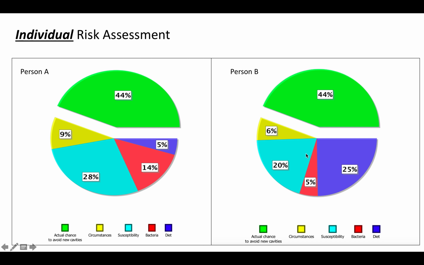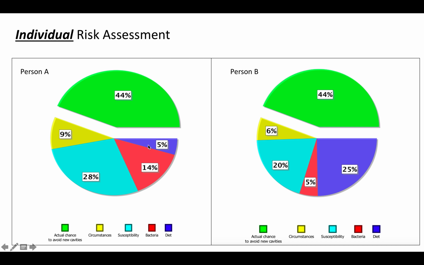However, you can see that the contribution of the factors that are related to their risk are quite different. In person B, their diet, so the type of food they're eating and also the frequency at which they're being exposed to cariogenic foods and drinks, the contribution of the diet here for person B is much greater than it is for this person here.